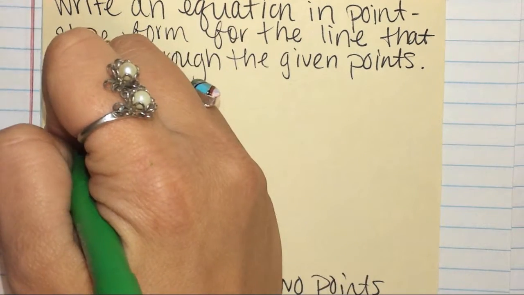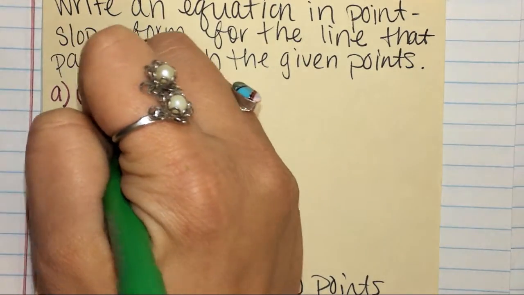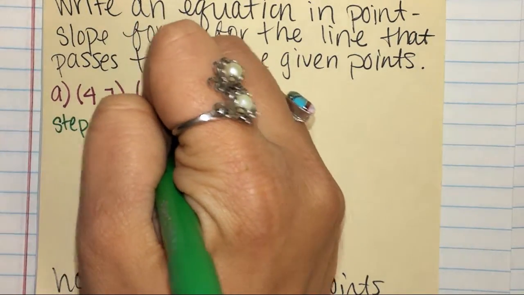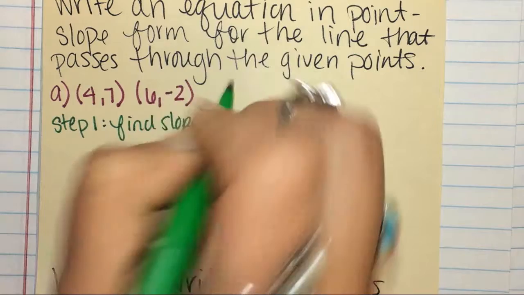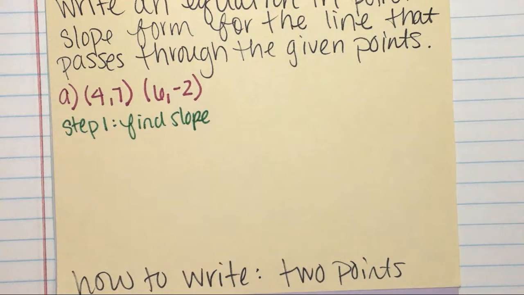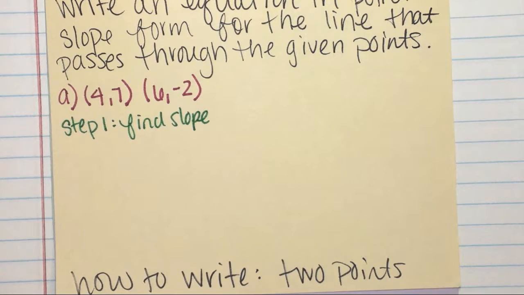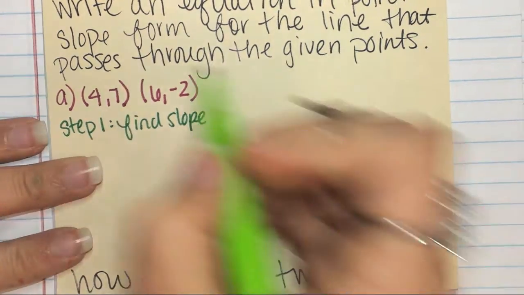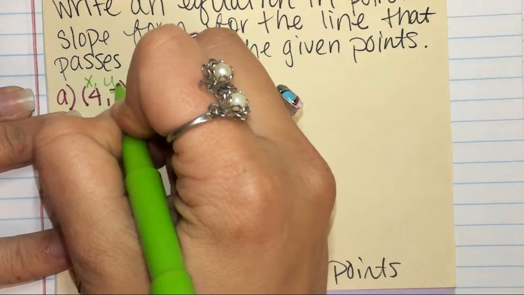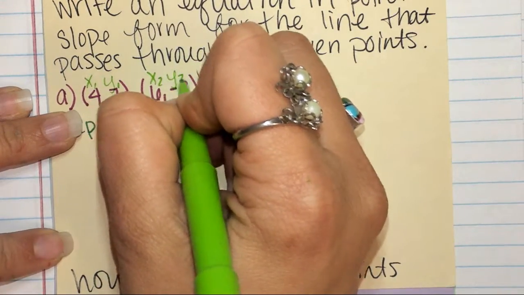Alright, step one. Find slope. So what you do is you label it first. X1, Y1, X2, Y2.